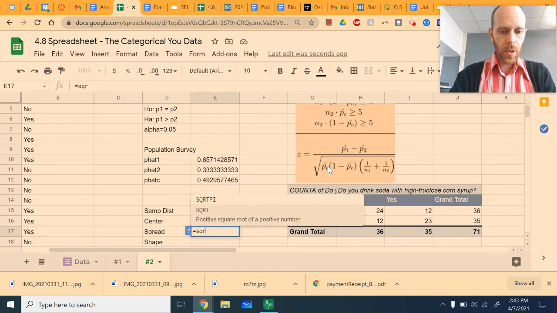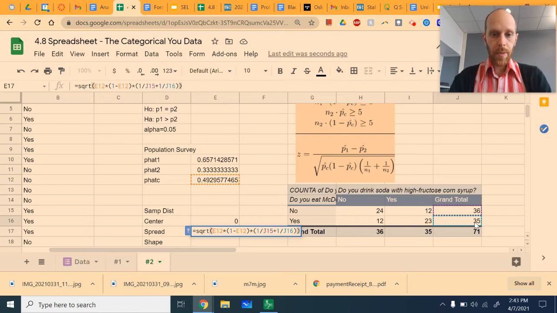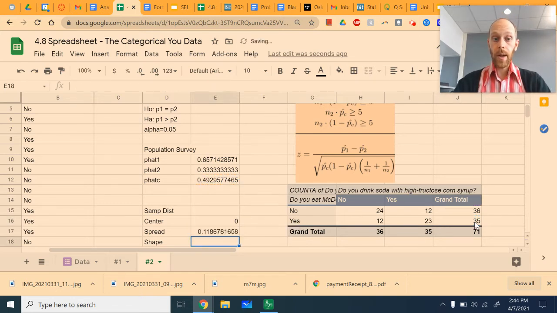So that will be SQRT of P hat C times, and you have to put a multiplication in, 1 minus P hat C, times 1 over, here's your first sample size, plus 1 over, here's your second sample size. Couple of parentheses, and there's our number for our spread. So pretty big spread. Our spread is almost 12%.